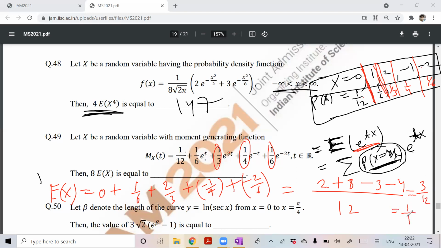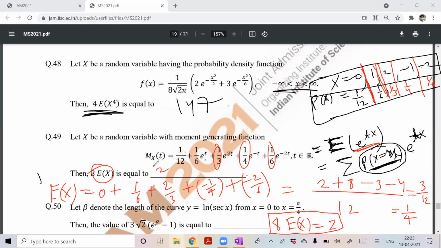It is 1 by 4. So what we get is 1 by 4 for EX. But they asked us 8 times EX. So EX is 1 by 4. So 8 times EX will be 8 into 1 by 4, that is 2. So 8 times EX they asked, and that is 2. So answer is 2 for question number 49.